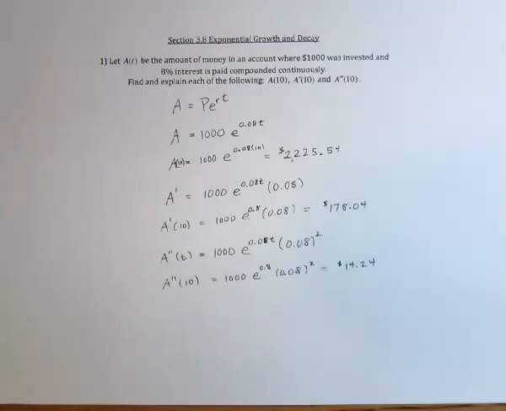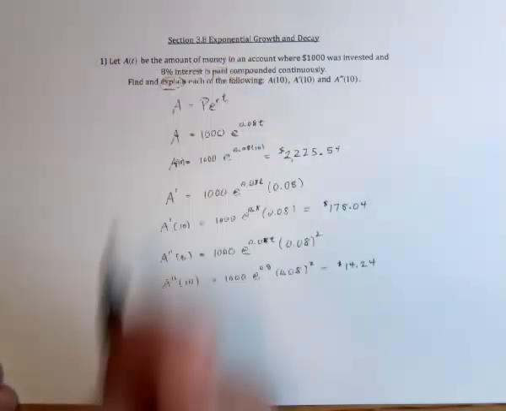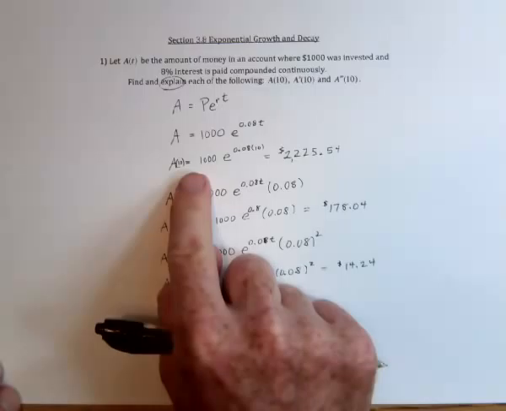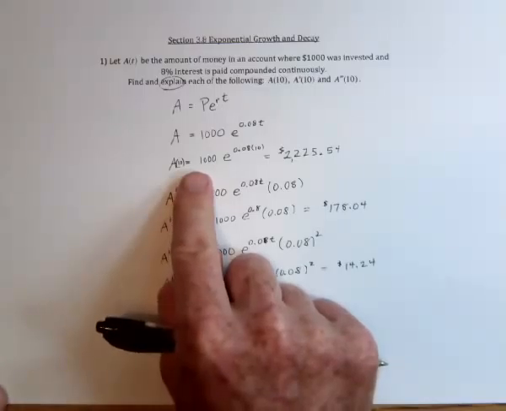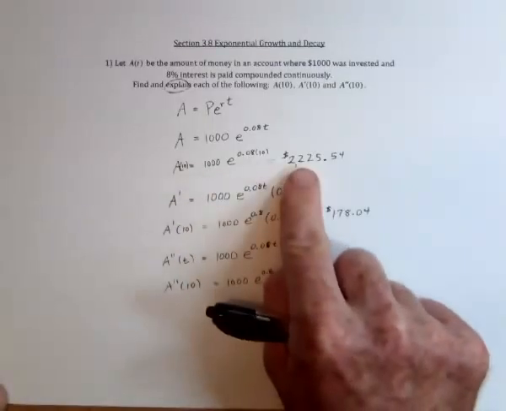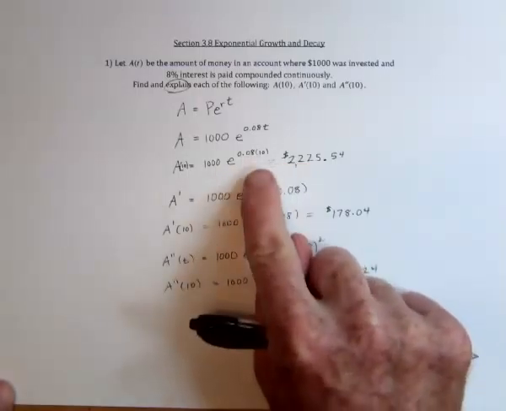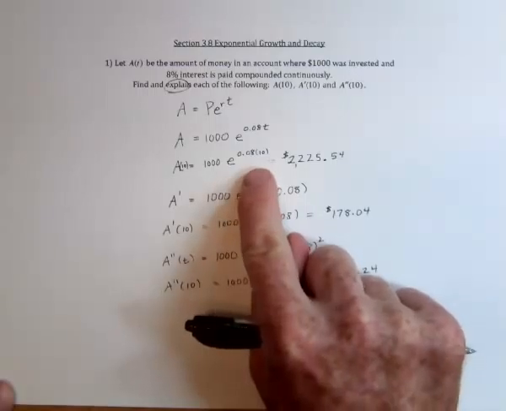And now explain. So this one is just the original function, which says take $1,000, put it in the bank at this rate, and you'll end up with $2,225.54 after 10 years. So in other words, it grew by about $1,200 per year. Of course, since it's exponential growth, at the beginning it grew by less than that.